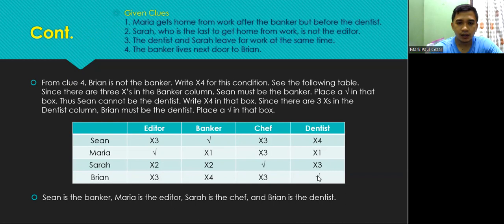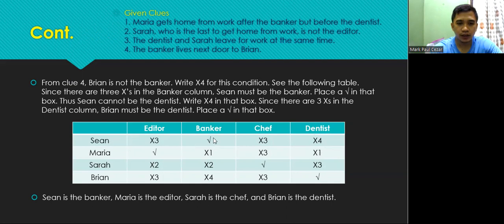And since Brian is our dentist, we could write here in Sian's row that he can no longer be the dentist. Same for Maria, since our dentist is Brian, Maria is not our dentist. So we're going to put an X mark here in their column for Sian and Maria. Now, the remaining option for Sian is that he is our banker.